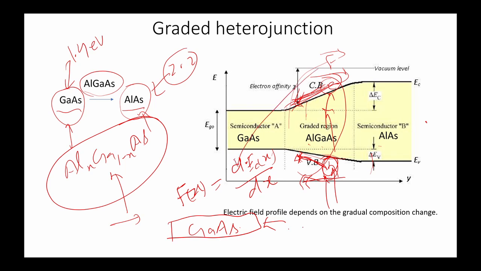And F(x) is also equal to d(Ev)/dx for the holes. So the slopes are different for these, and the electric field will also be different in this case.